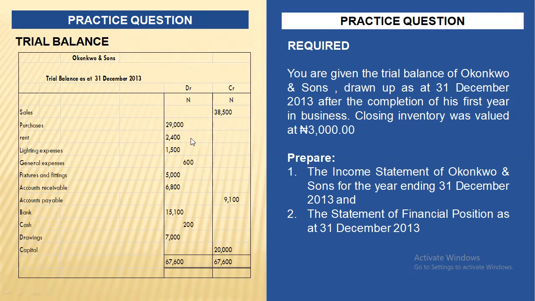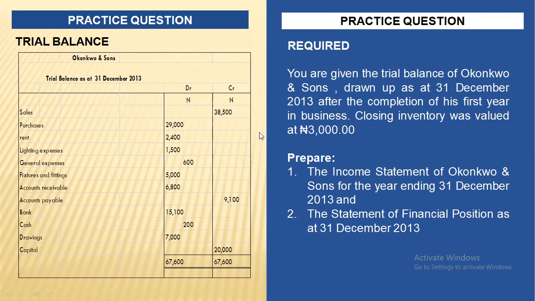We have rents 2,400, lighting and expenses. You have general expenses. You have fixtures and fittings, that's an asset. Now there are some of these transactions that are balance sheet transactions, that's statement of financial position transactions, while others are income statement transactions. So if you follow the exact formats that we've just looked at, you should be able to prepare an income statement and a statement of financial position.